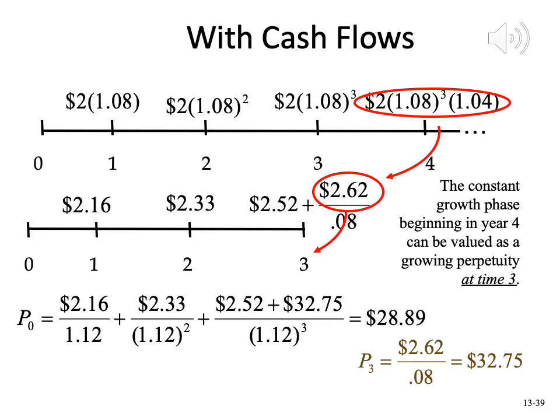Another cash flow is the P3, the price as of year 3, which is $32.75. The 2 cash flows will be together discounted at 1 plus 12% cubed. So the total price of the stock as of today is going to be the sum of all 3 terms, $28.89.